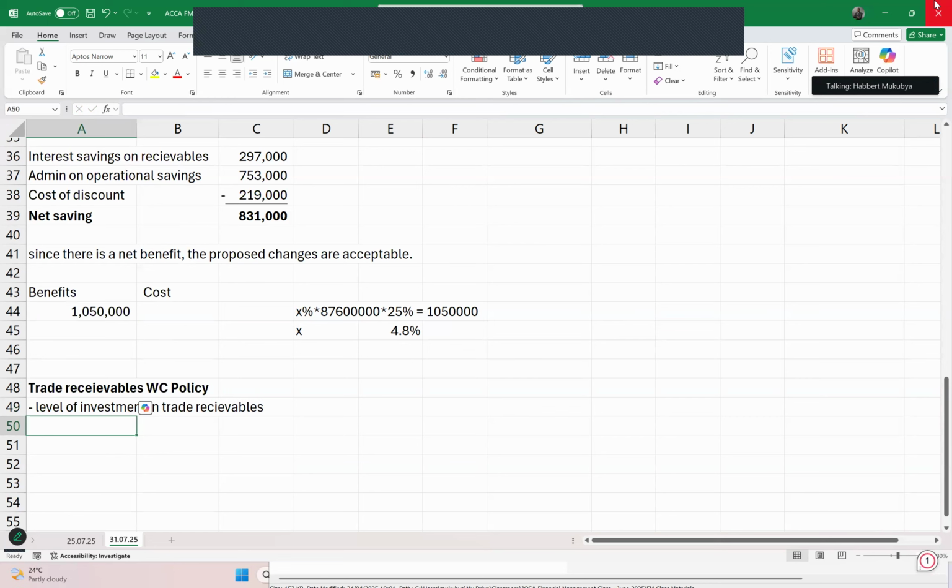Now, there are some companies that make most of their sales on credit, so they will have very huge receivables. Then there are others where most of their sales are cash, like a supermarket. A supermarket doesn't usually sell on credit. So if they do, they will have very few receivables.